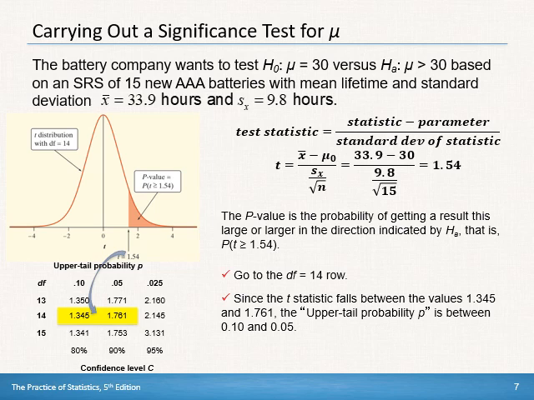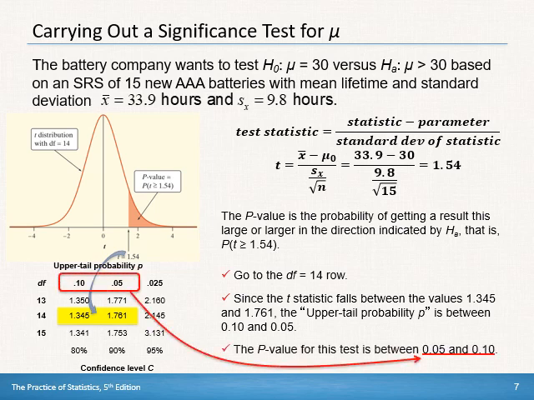So our p-value is between 0.10 and 0.05, or really said the other way, usually the smaller one first, 0.05 and 0.1. So it's between 5 and 10%. That's the best that the t distribution table can tell us. But ultimately, that's all we need, right? It's between those two values, so it means it's above 5%.